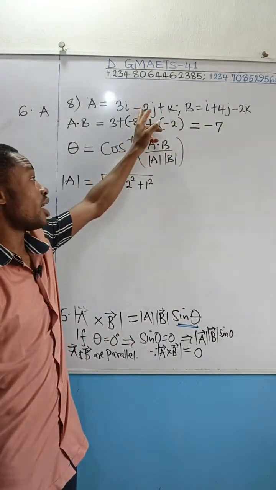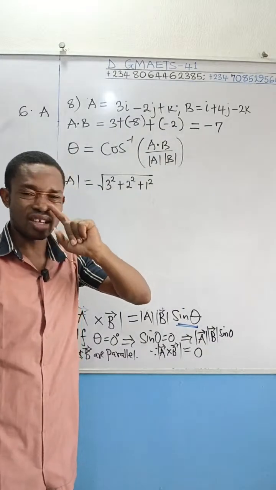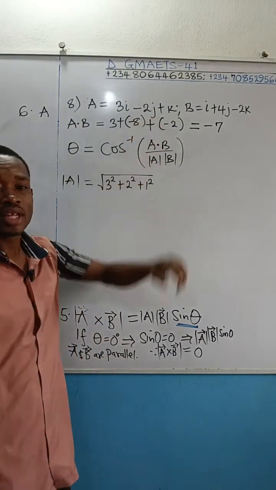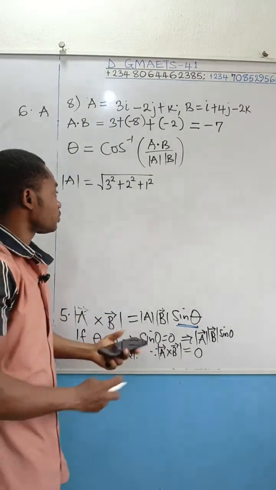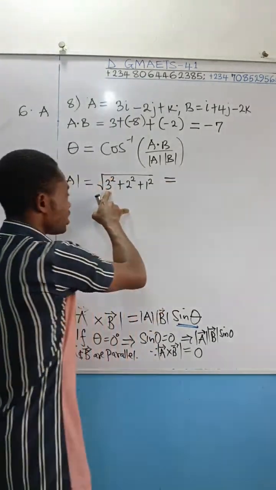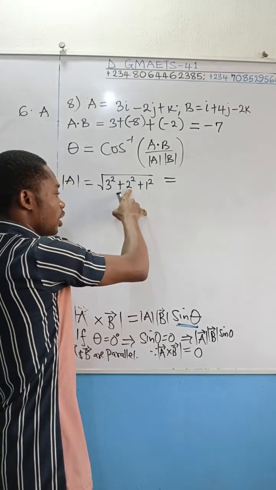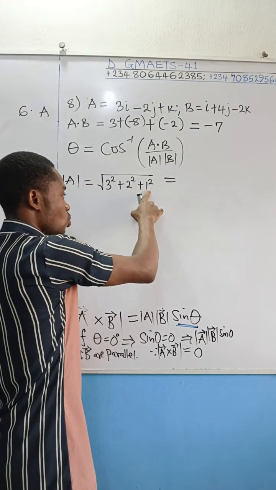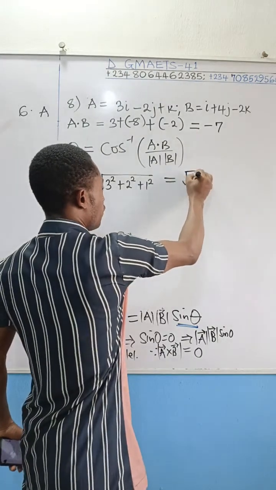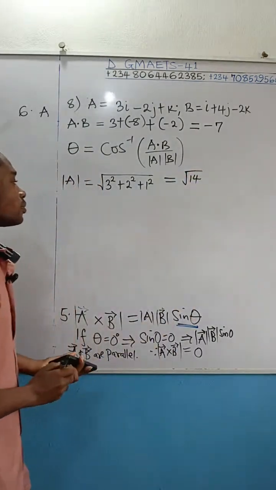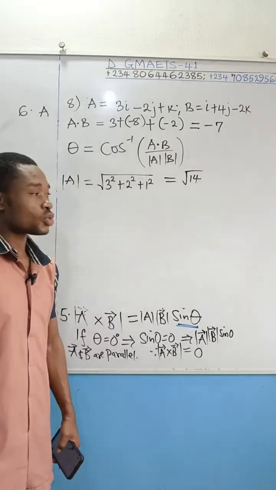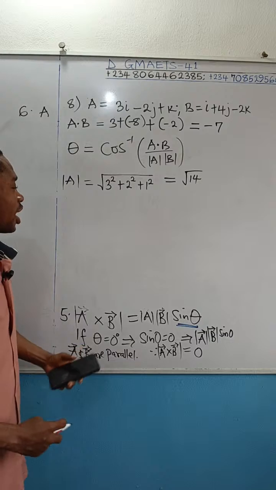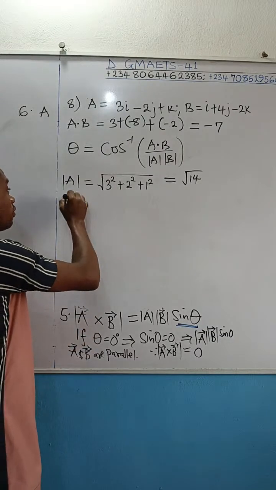The negative sign is not of any use, because the square will still kick out that negative sign. So this is going to give us 9 plus 4, which is 13, plus 1, which is square root of 14. 3 squared is 9, 2 squared is 4, you get 13. 1 squared is 1, add it up, you get 14. So square root of 14.